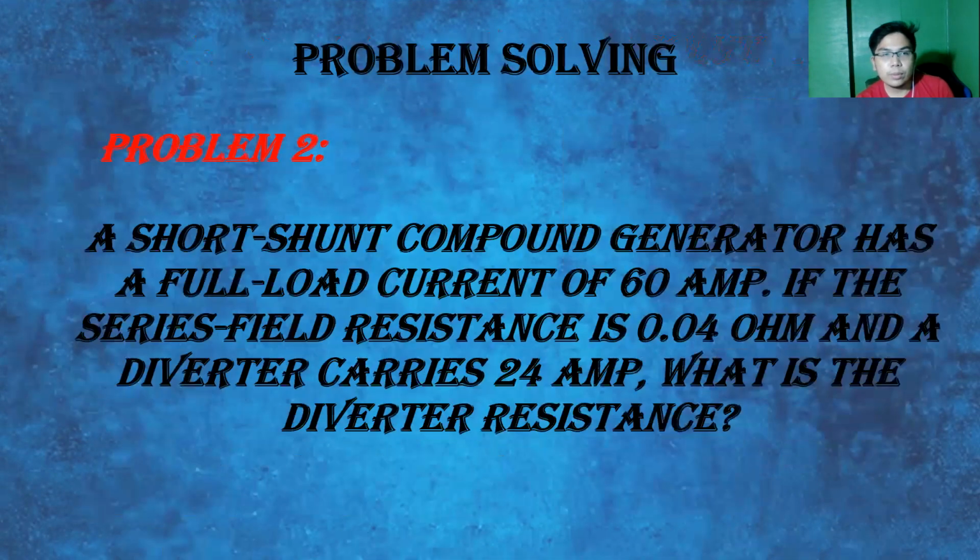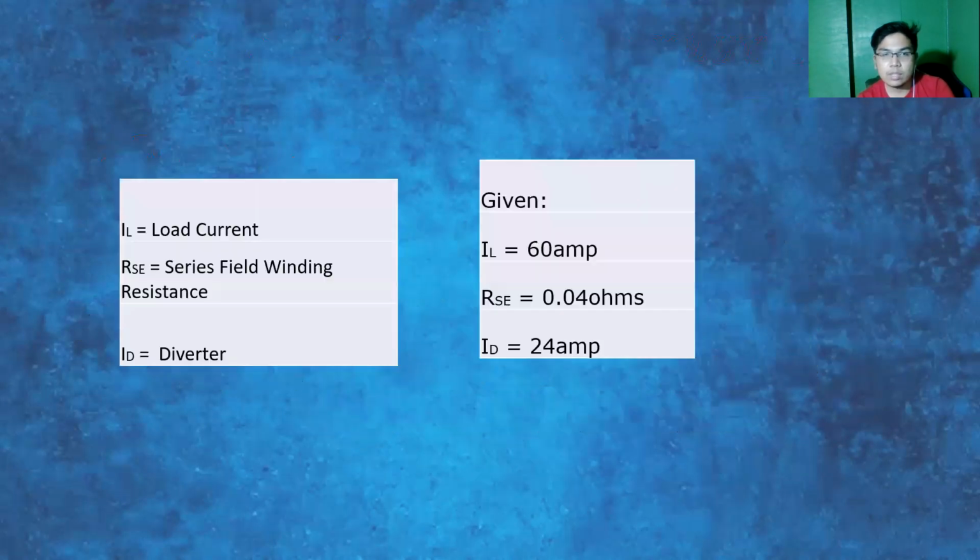So, problem number 2. A short shunt compound generator has a full load current of 60 ampere. If the series field resistance is 0.04 ohms and a diverter carries 24 amp, what is the diverter resistance?